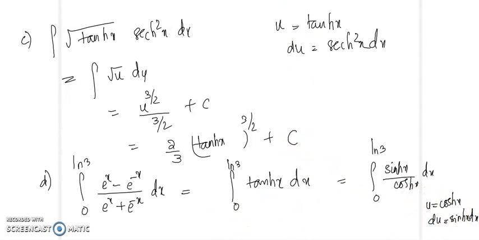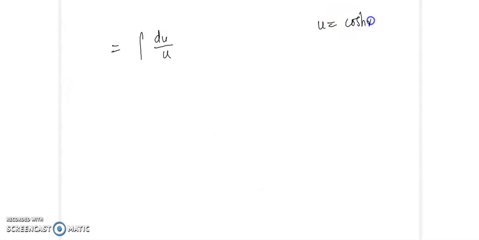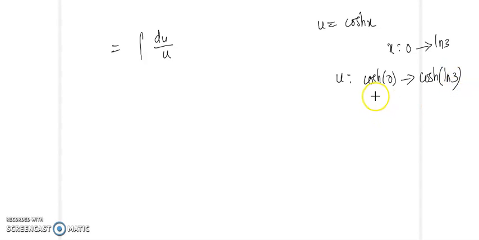So you will get the integral of du by u, where we have taken u equal to cosh x, and x varies from 0 to ln 3. So u will vary from cosh 0 to cosh ln 3. Now cosh 0 is e raised to 0 plus e raised to minus 0 by 2.